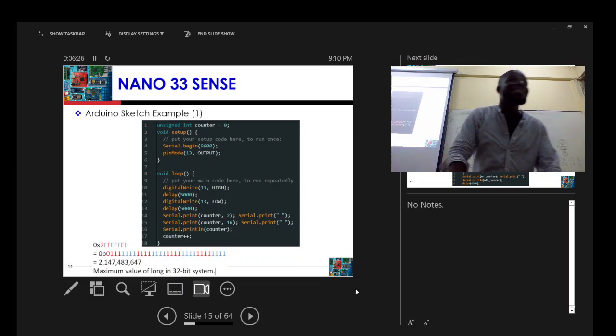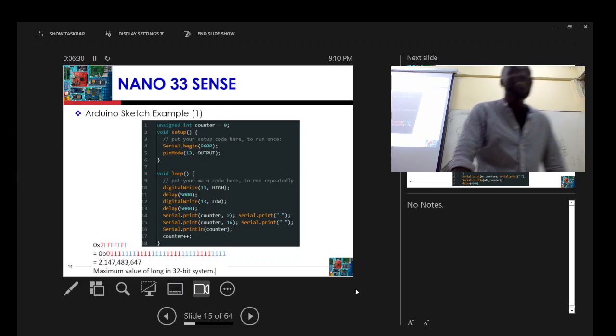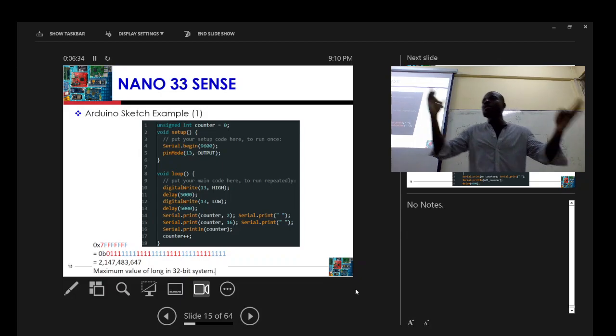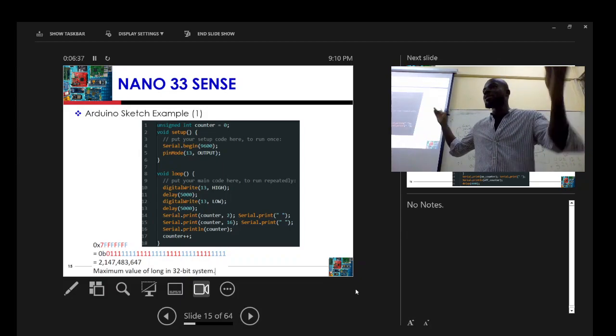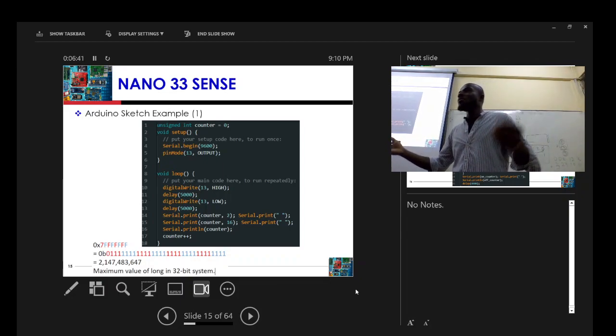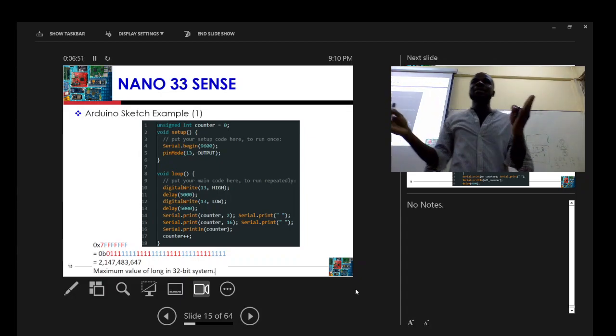We have binary numbers, which are made up of only zeros and ones. We have decimal numbers, and we have hexadecimal numbers. So if I do serial print counter comma 2, it means that the number I'm printing must be binary, 0 or 1.